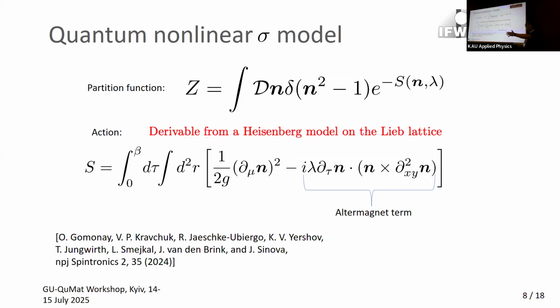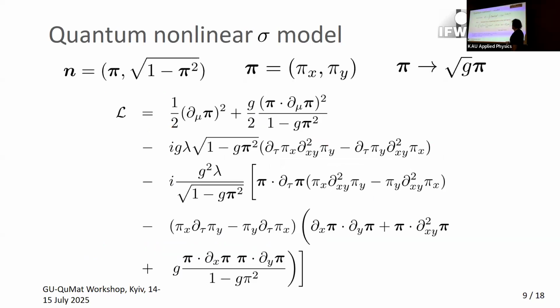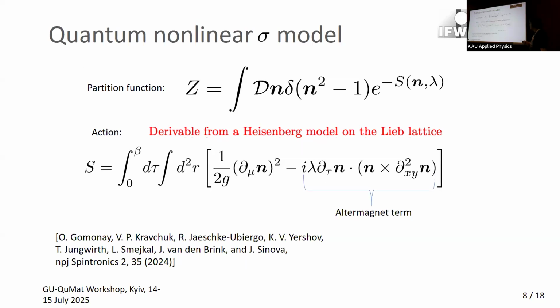In the next part, I will try to go to itinerant models, because this is a model for insulating altermagnets. What I showed so far, the mean field theory, was giving you only metallic states, right? So what I'm doing here is solving the constraint. n has three components, right?